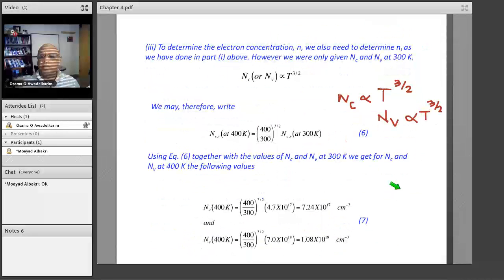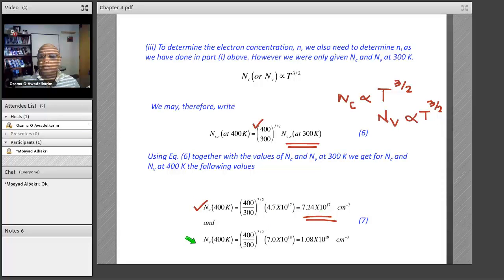So if we know NC at 300, we can get NC at 400 by simply multiplying by 400 over 300 to power 3/2. So we use the same NC that we've gotten for 300 and multiply by this factor, and we get a higher value for NC at 400.